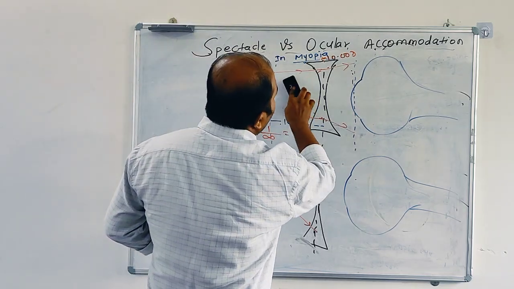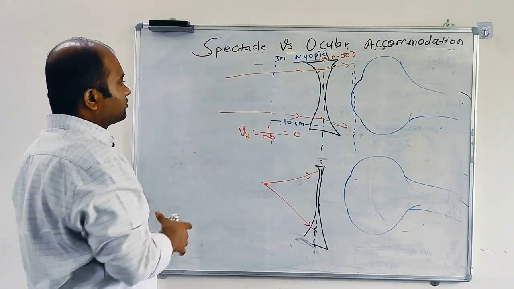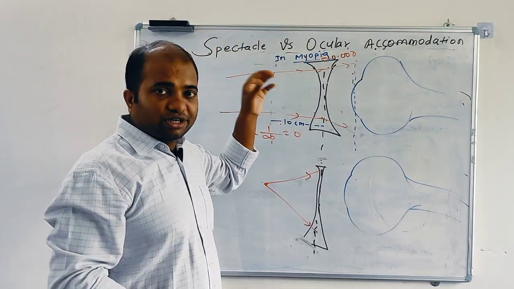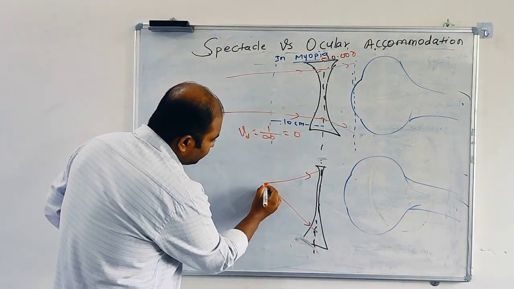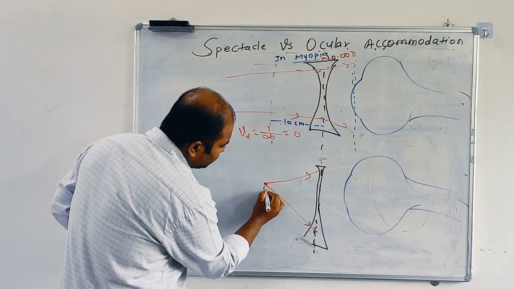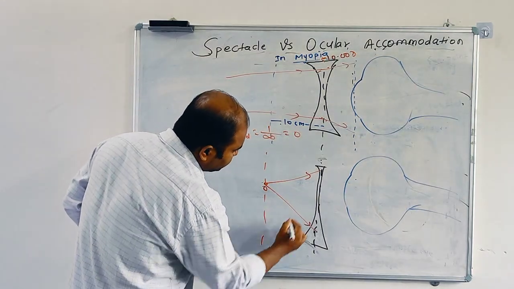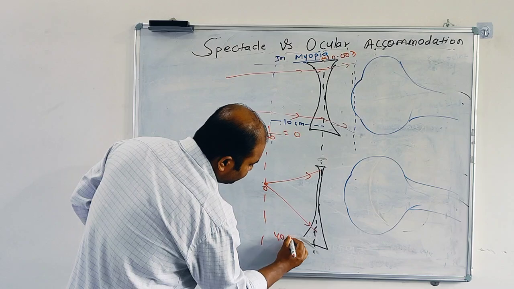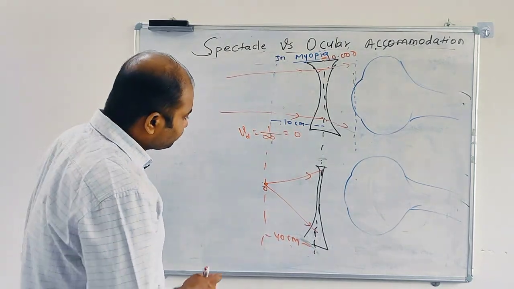Erase this. Later we'll see what can be done. So don't confuse with this concept. We are only discussing spectacle accommodation now. Later we'll go for ocular accommodation. So here Vn, if this is the near object at 40 centimeter, let's assume this is the object point. So the vergence of light, this is 40 centimeter. Already I have told you the eye is focused for 40 centimeter from the glasses.